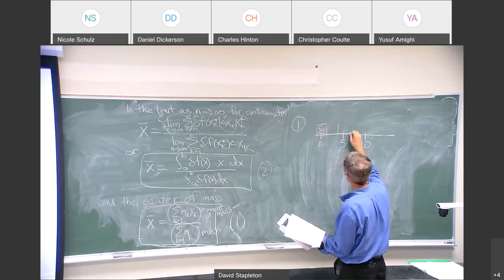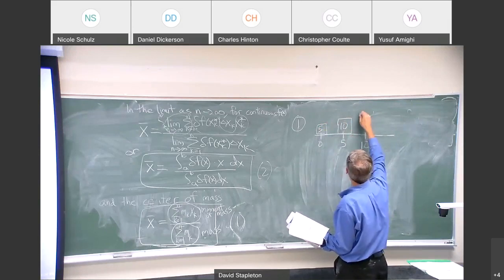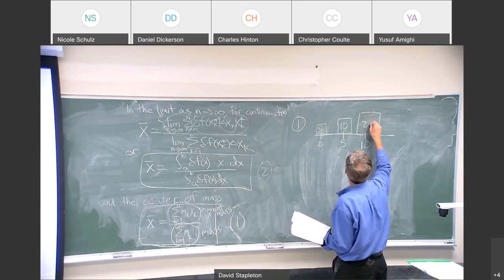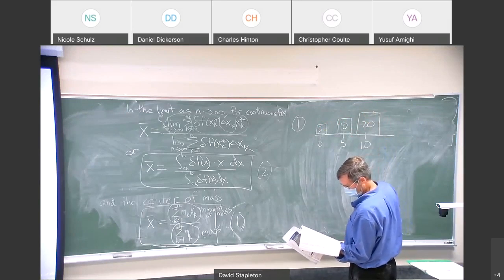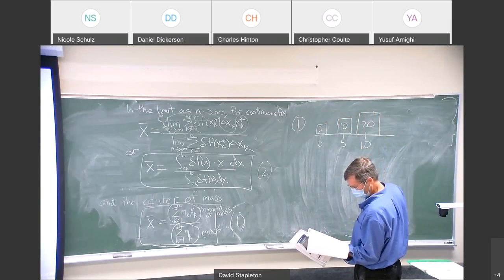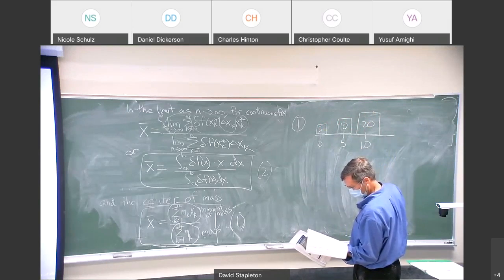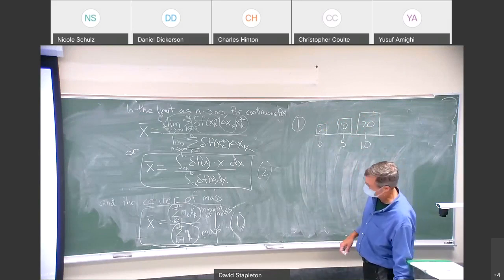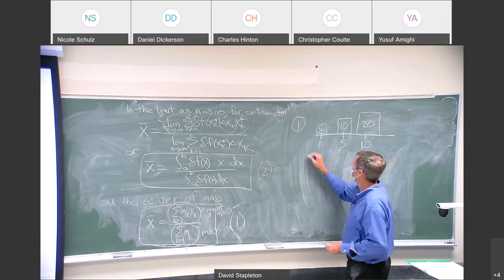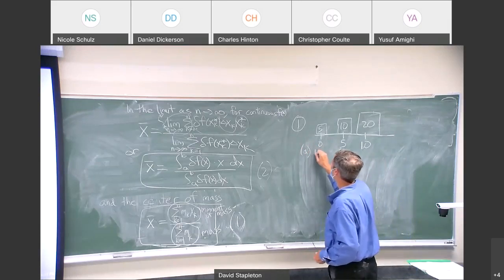Here I put a 10-pound mass. And here I put a 20-pound mass. They do two things. They put part A for the fulcrum at 5.